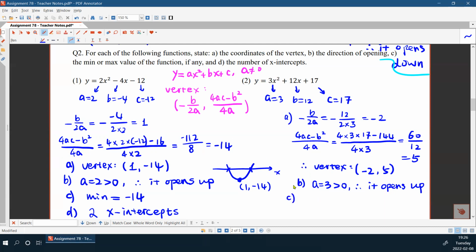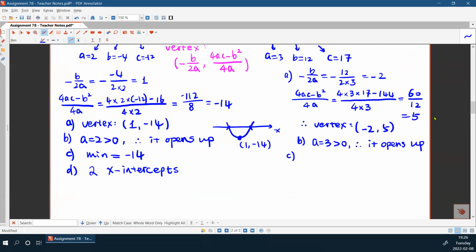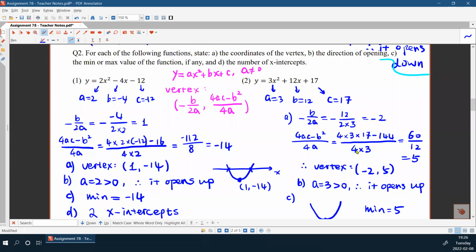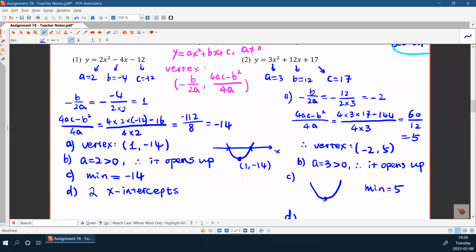So C, min or max. Again, if it opens up, it will have a minimum value, right? So the minimum value is just the y coordinate of the vertex, which is 5. And D. Well, D depends on the relative positions of the vertex and x-axis. So here, the vertex has coordinates of -2 and 5.